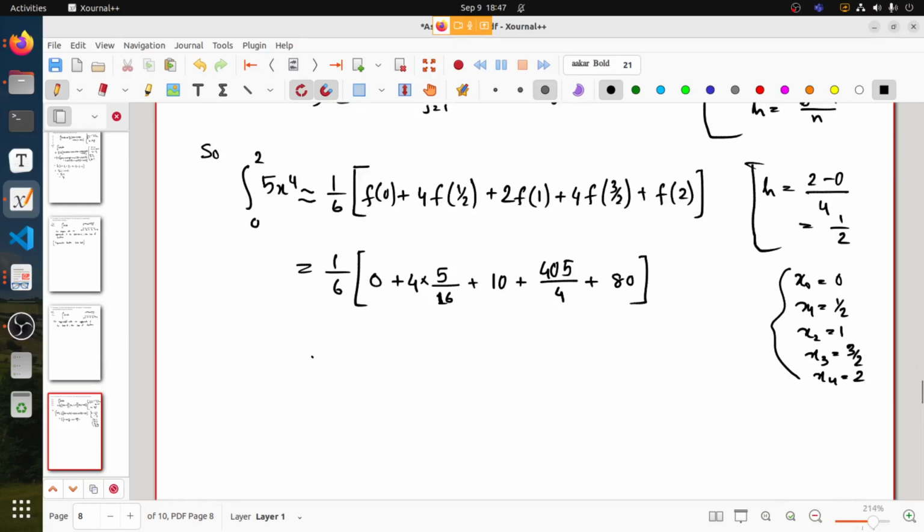If you do this computation, I am writing it down, you will get 770 by 4.